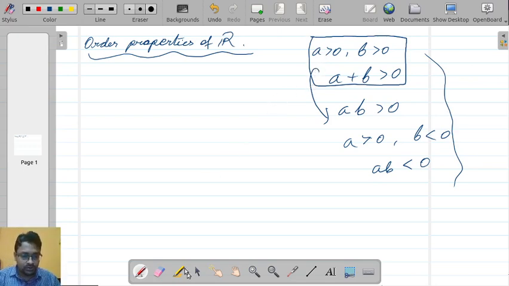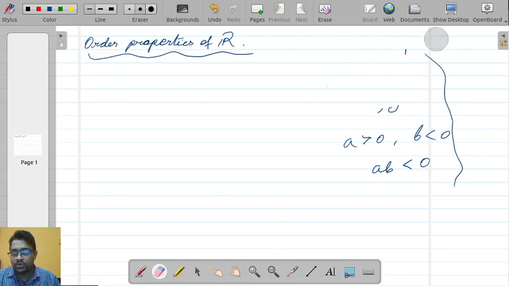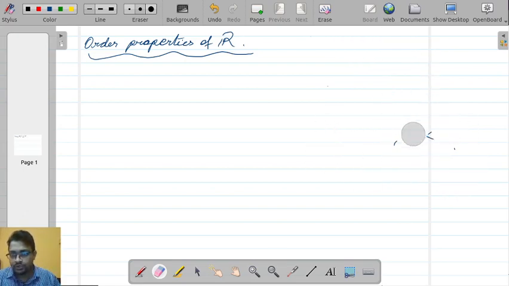Okay, so without further delay, let me just list out what are the order properties of R, or which properties we should take as fundamental properties, right?